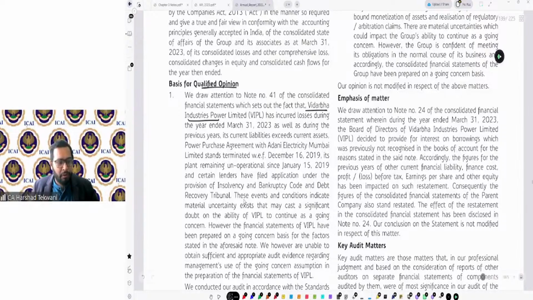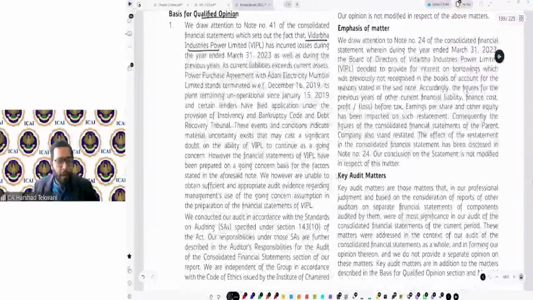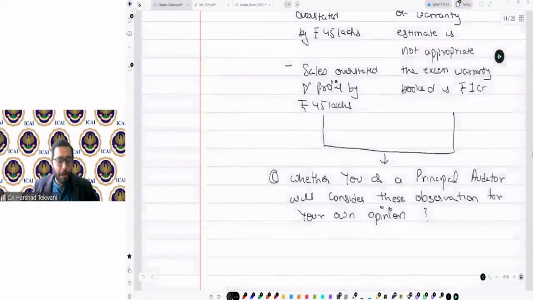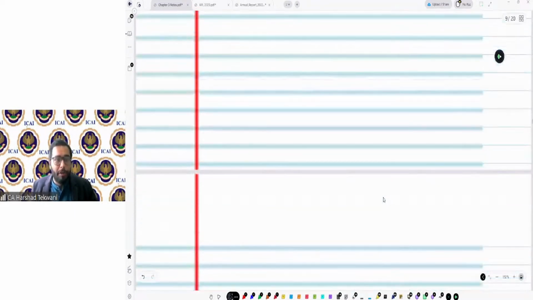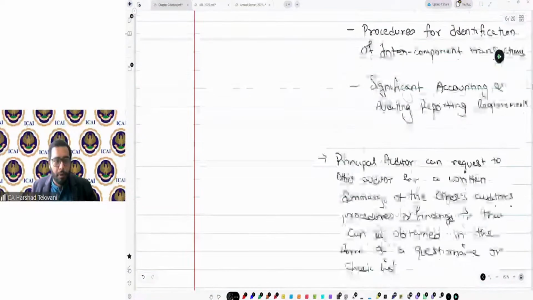This is something already being discussed and reported by the other auditors, and the same is being considered by the principal auditor. The same is also being considered for the principal auditor's own opinion.